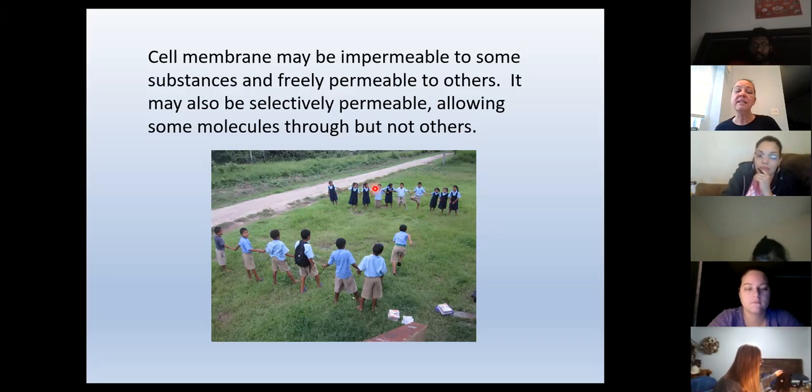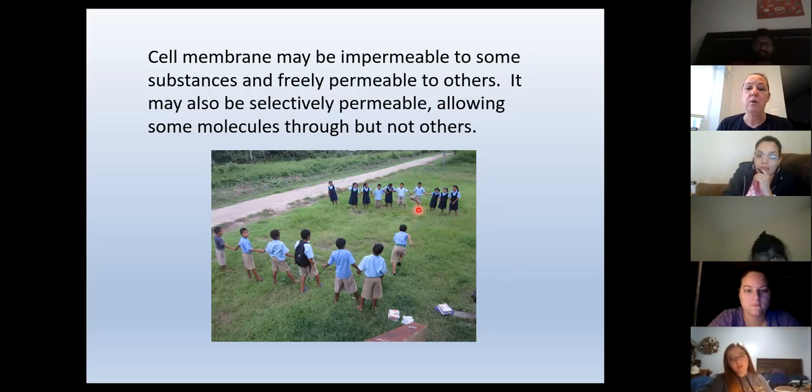And then selective, they may allow some kids to pass through. This guy's going to be selectively permeable, meaning some molecules are easier to pass than others, because he is aiming right here for the weakest link.